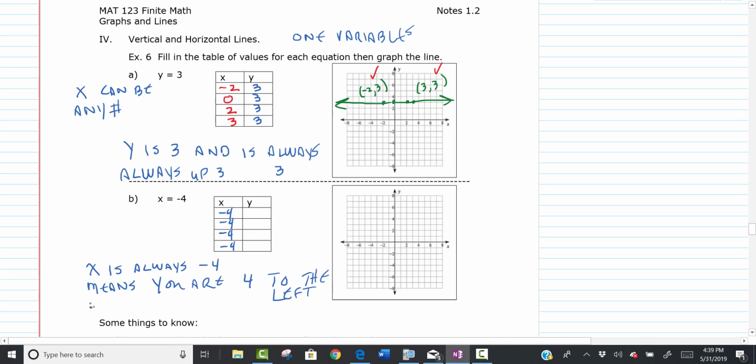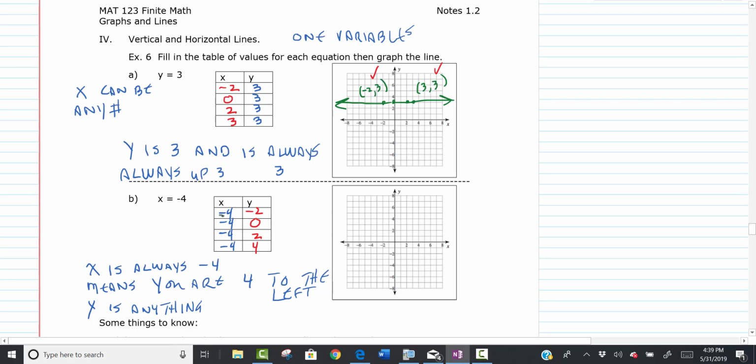On this one, this time y is anything. So these things are really easy to draw, but it helps if you understand it, because then you'll remember it better. Let's pick whatever we want here. Let's pick -2, 0, 2, 4.